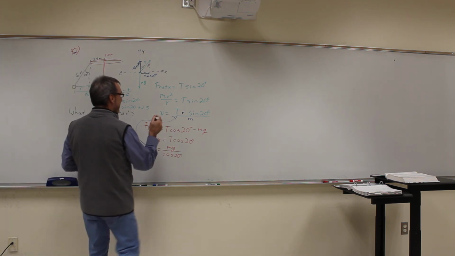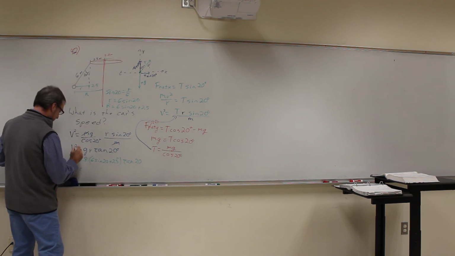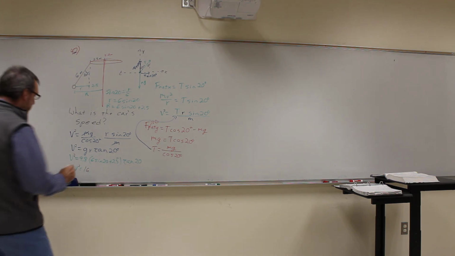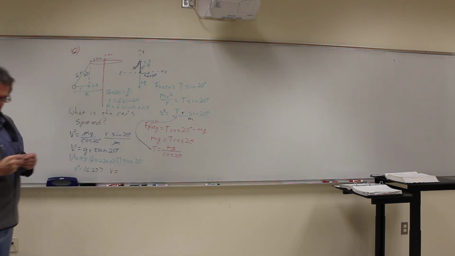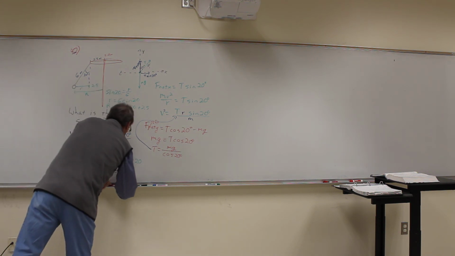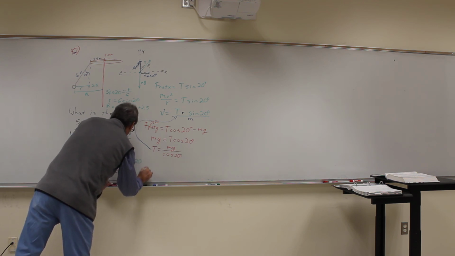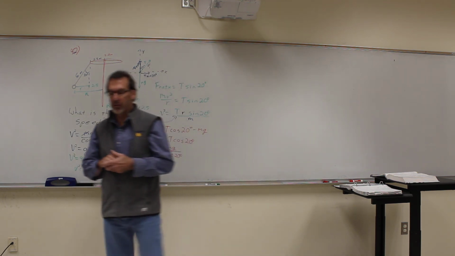You notice back here, this is still squared. I don't know why I didn't keep the squared. So this is v squared, v squared, v squared. So v squared is equal to 16.237. But v, I just have to take the square root of that. And I got 4.029 or 4.0 meters per second, which I believe is the correct answer. That is the correct answer.